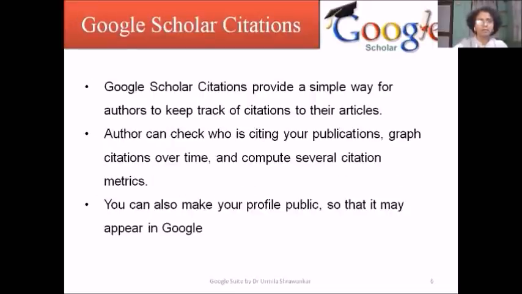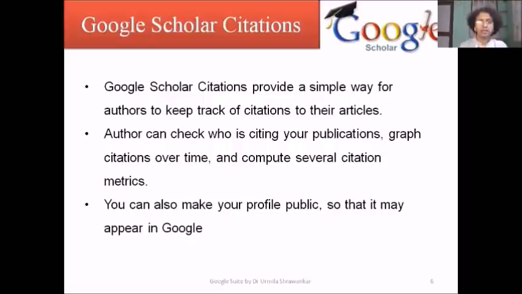Now, what do we mean by citation? The Google Scholar citations provide a simple way for authors to keep track of citations of their articles. So many times we write a paper, but we do not know whether that particular research area is useful or not. If we can see that in a particular domain, 3 papers are published from my side, and all 3 papers are cited by multiple authors, at that time we can find out, yes, that particular domain is useful for researchers, and we can develop our own research.